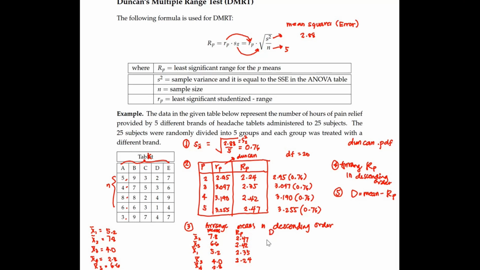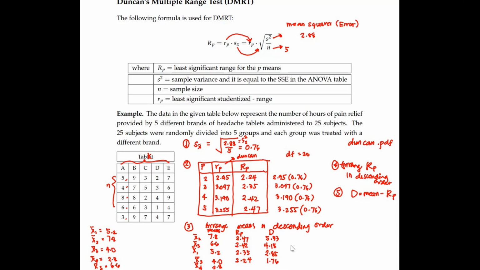So, D, so ang mean minus R sub P, so this is 7.8 minus 2.47, that will give you 5.33, and then 6.6 minus 2.42, that will give you 4.18, 5.2 minus 2.35, that is 2.85, and then 4.0 minus 2.24, that is 1.76.